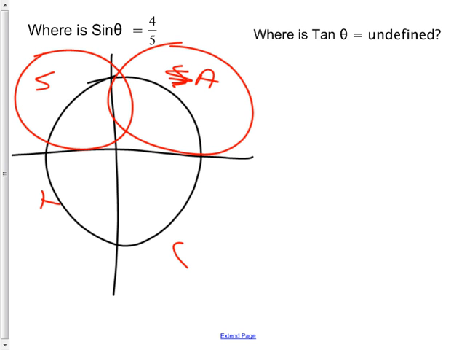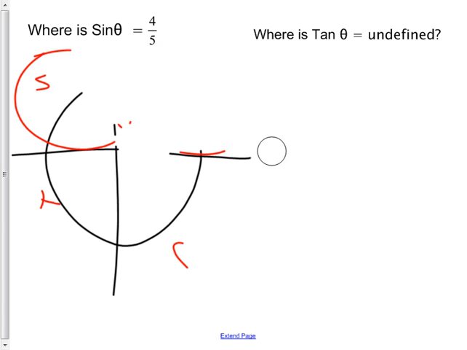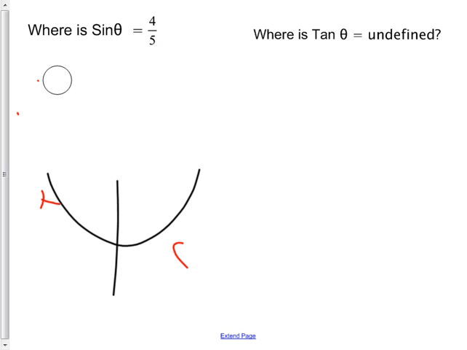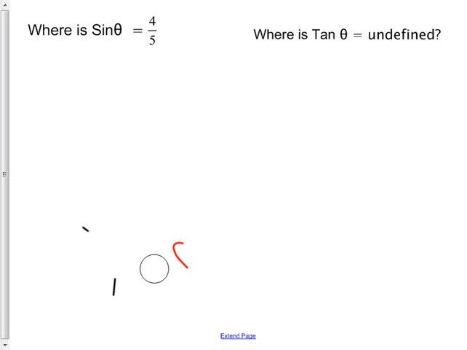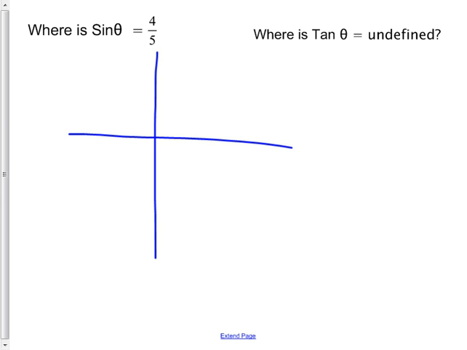All right, next one. Where is tangent undefined? That's a little more specific. Instead of just quadrants, I can draw my picture and say tangent is only going to be undefined if it's something over 0. So that means that I must be not at a spot where I'm drawing a triangle. I must be at one of these spots.